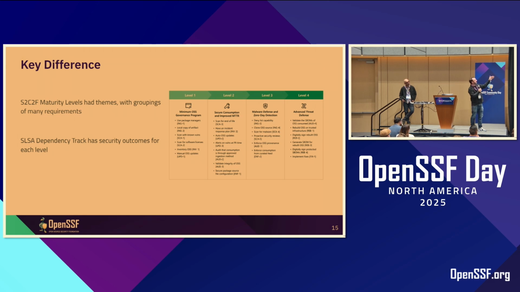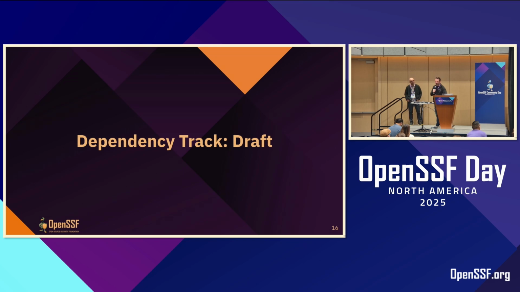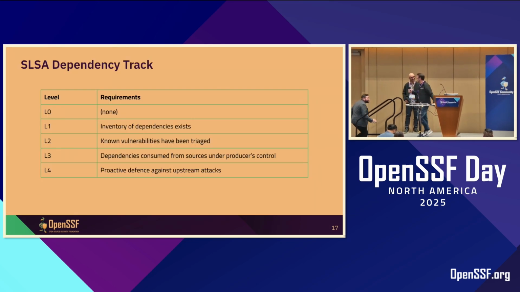And that is exactly one of the core principles of SLSA, that every level that you achieve has a singular outcome. And so we went from this mishmash of requirements to a much more focused view of what you're doing at each level. And I'm going to pass the baton to Tom, who's going to tell you all about the dependency track.